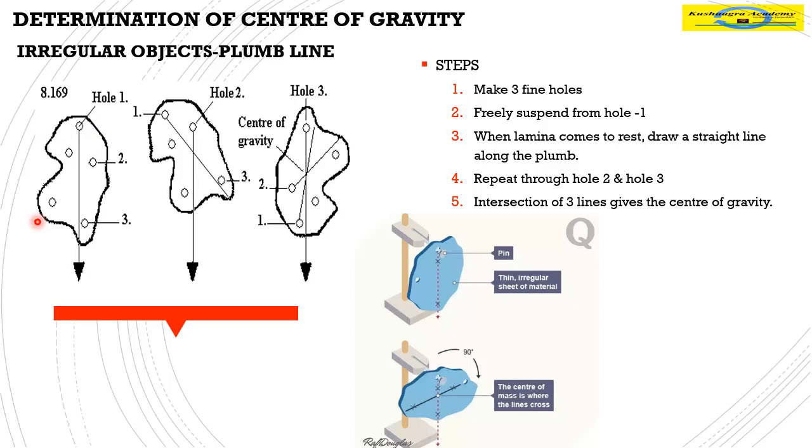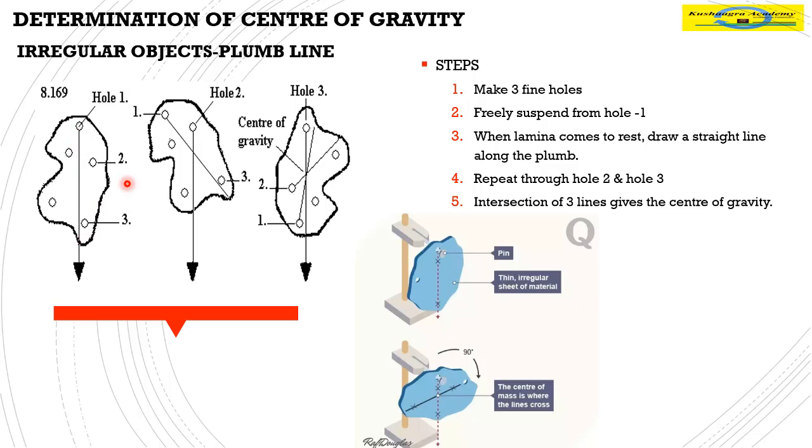Say this is the shape that it takes when it becomes stable. That means when it stops rotating, we draw a straight line here. Similarly, we again do the same procedure with hole number 2, and we draw a line here perpendicular to the ground. Similarly with line 3.